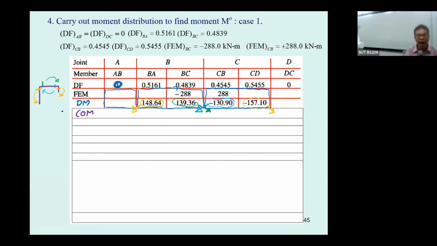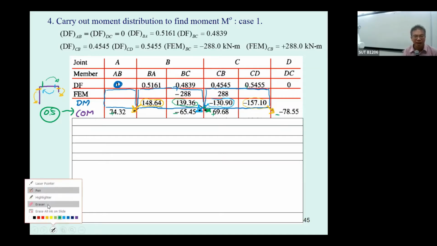When you do the carry over, you multiply the moment by 0.5. It is reduced by half, but the sign is the same. This is positive, this is negative, this is positive, this is negative, and then you get the result like this.